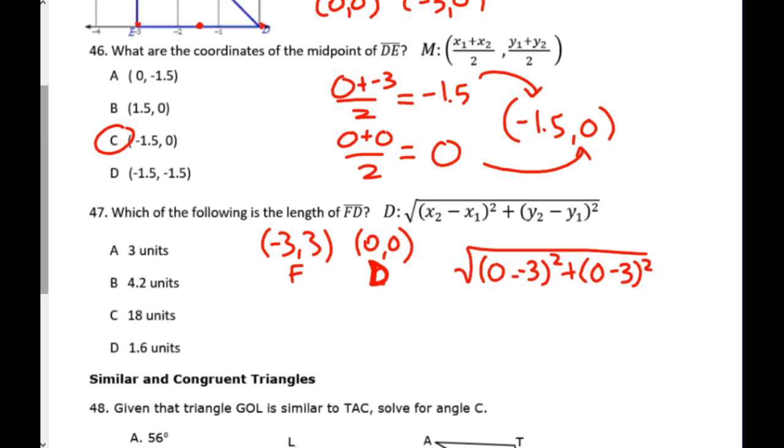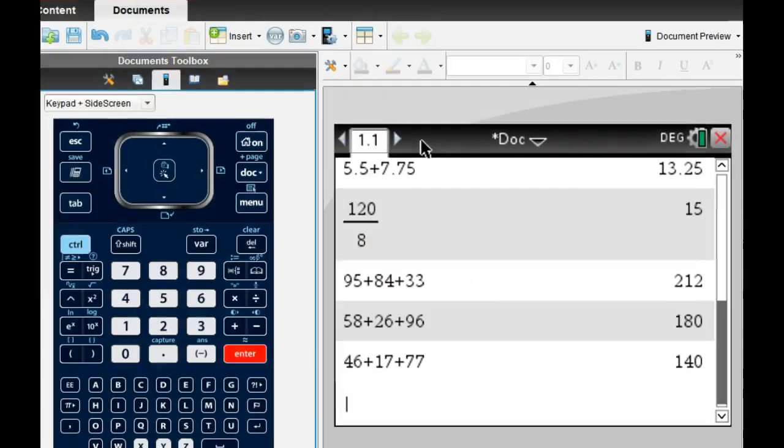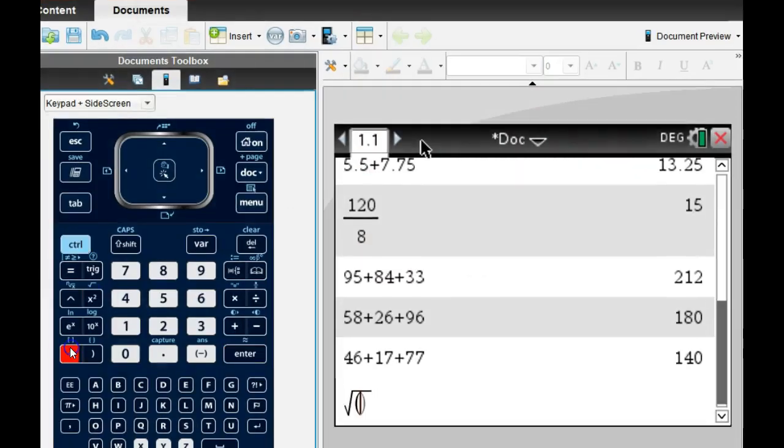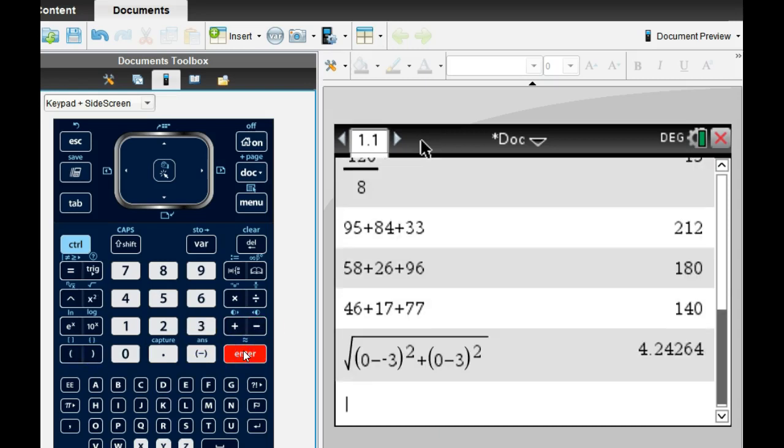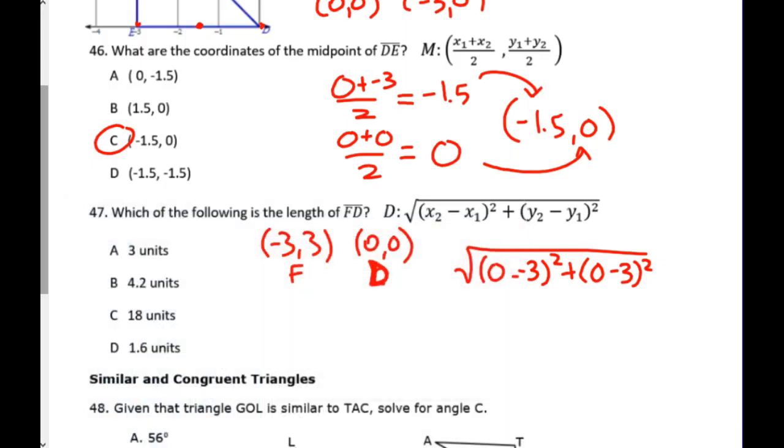Take it to the calc. Square root, parentheses, 0 minus -3 parentheses squared plus 0 minus 3 parentheses squared. Enter. 4.24. We'll go with rounding to the tenths, 4.2 for our multiple choice answer.